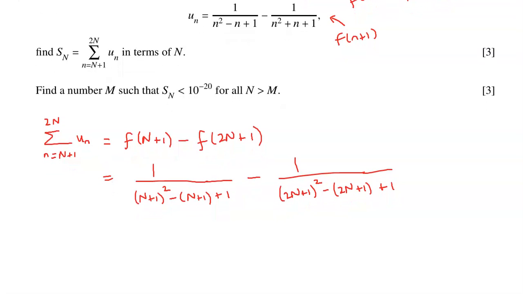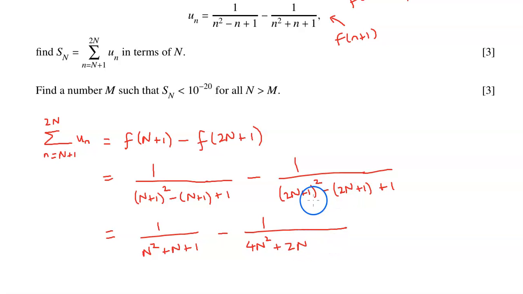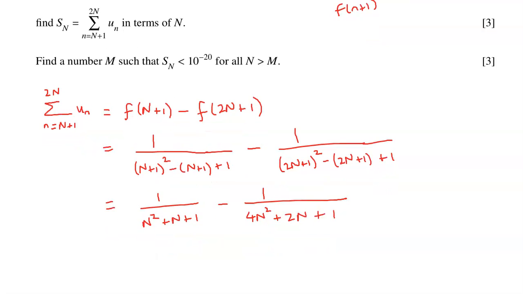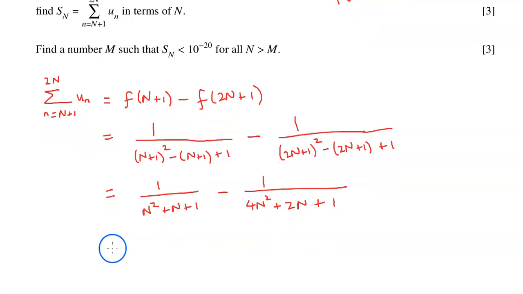Okay, and so this is 1 divided by n squared plus n plus 1 minus 1 divided by 4n squared plus 2n, and then plus 1. And I'm not sure if it's supposed to cancel down into something nice or not. Let's combine it into a single fraction at least.